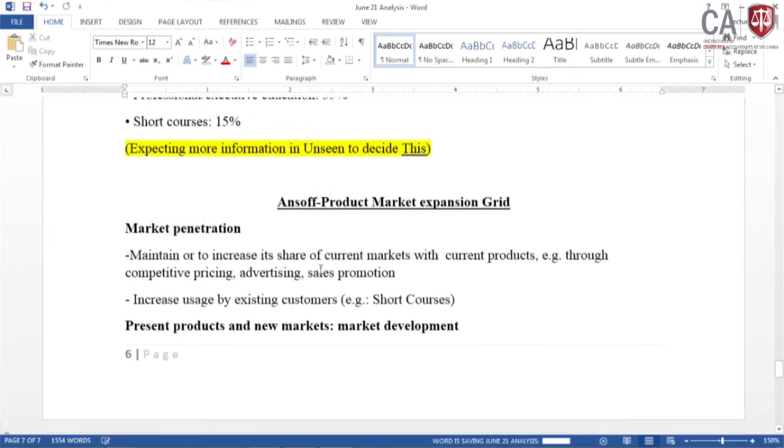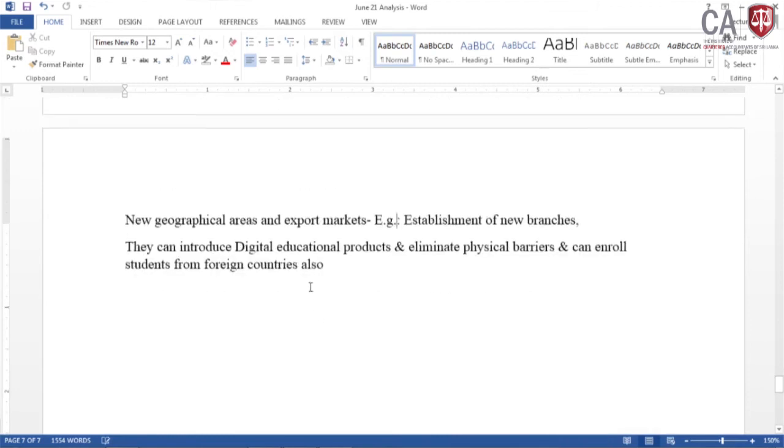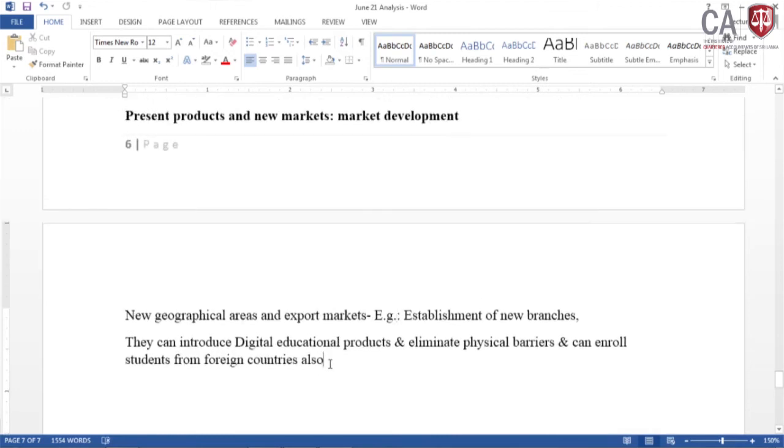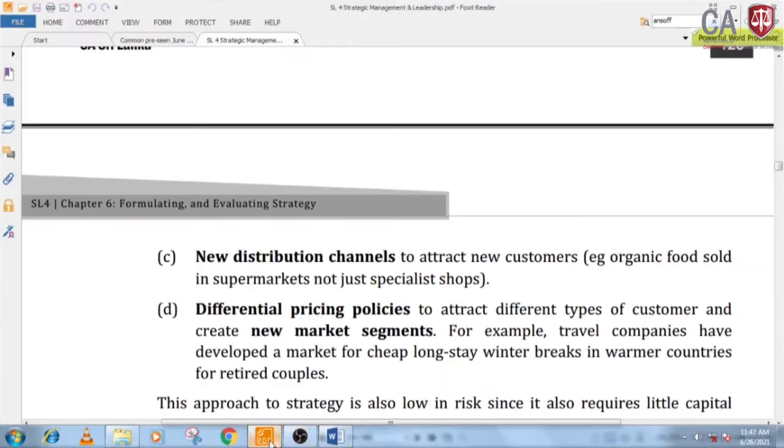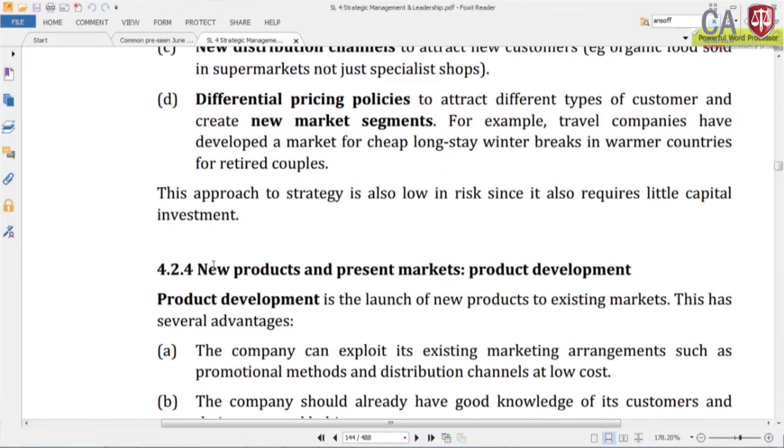Market development. Then what is the next strategy we can look at? New product and new market.